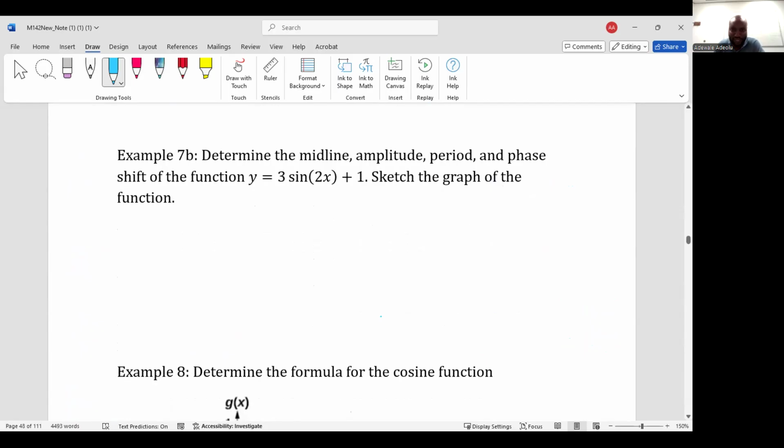Okay, determine the midline, the amplitude, the period, the phase shift of the function. Same thing we have done. Y equals 3 sine 2x plus 1. If we compare it to y equals a sine b into x minus c over b plus d, we will see that we have the midline.